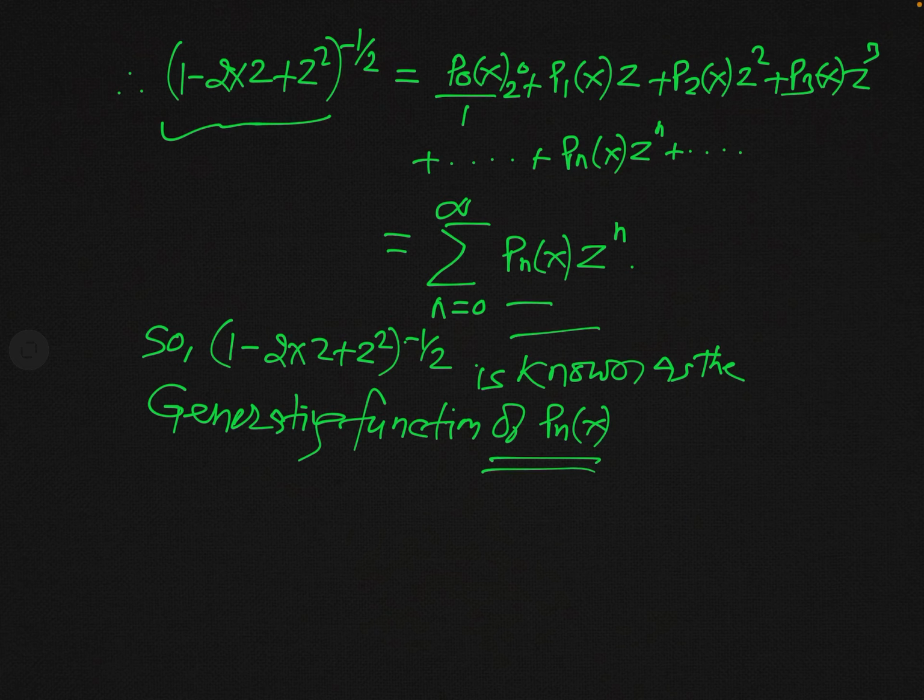I hope you have clearly understood what the generating function of Pn of x is. To clarify this concept, I am now taking two very important problems so that your concept regarding the generating function of Pn of x will be very clear. So see these two problems.